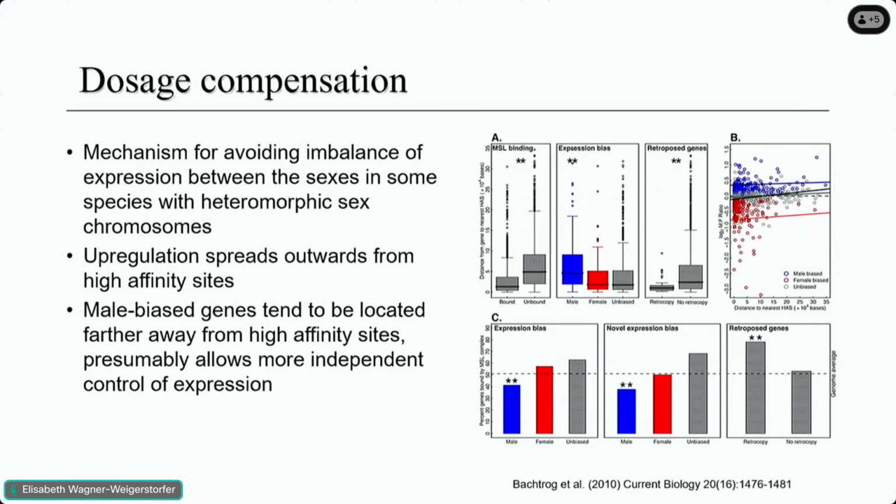And when you look at panel C, percent genes bound by the MSL complex is fewer in the male biased genes compared to the female biased and unbiased genes. So this suggests that it's bad for a male biased gene to be located close to a high affinity site for whatever reason.